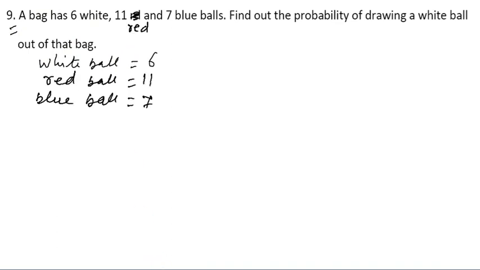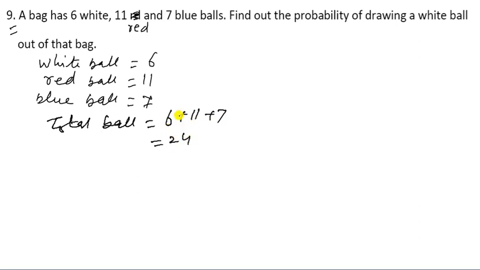P is here, and the total number of happening or not happening events, it is the N, you can say. So you have to write here NE and NS, it is the total number. So NE, that is 13 and NS is 52.